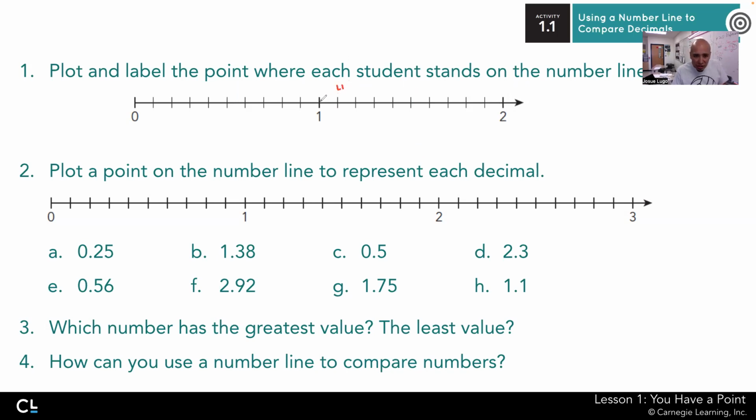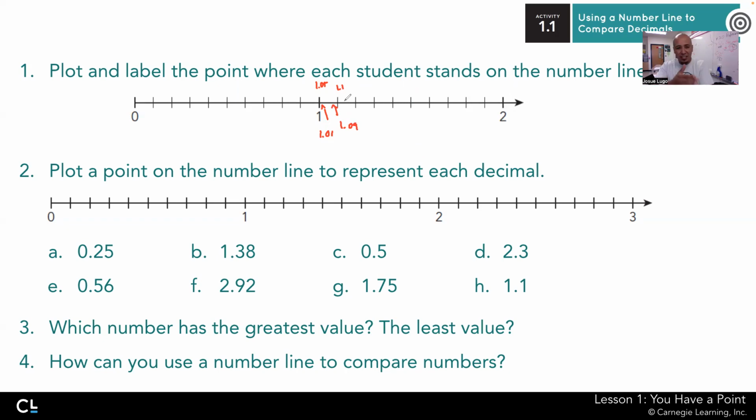Right here would be 1. I can't even write that small, but let's say that I were to zoom in right there, you would see 1.01. Halfway through, you would see 1.05. Right before we get to 1.1, we have 1.09, and then we have 1.1.